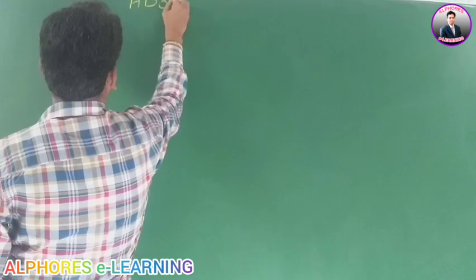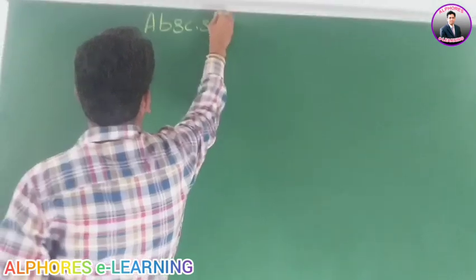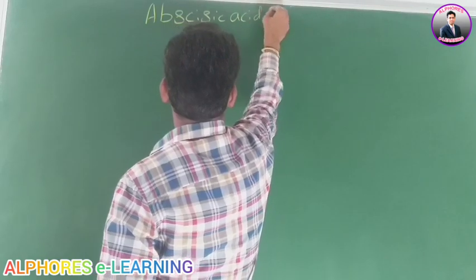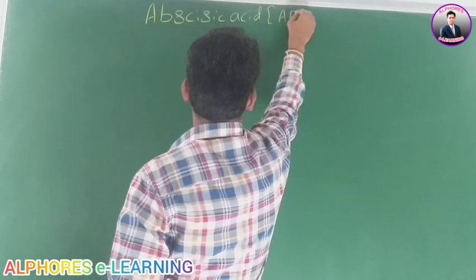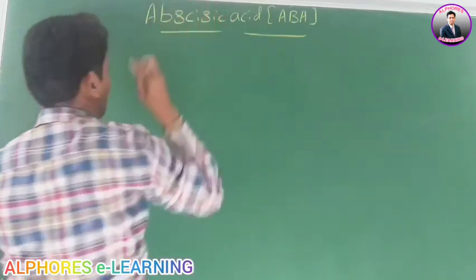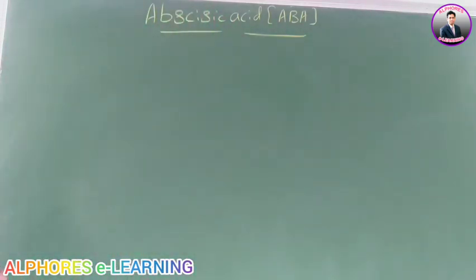Now listen, we are discussing abscisic acid, right? Abscisic acid. By undergoing seed dormancy, the seed is protected from desiccation. Desiccation means drying, yes or no?